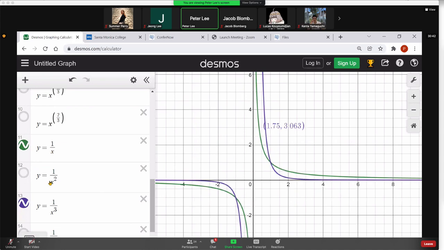How about y equals 1 over x squared? Now, 2 is an even number, so now it's going to be different. If you look at this, on the positive side, when x is positive, the black curve is right between the purple and the green, because 2 is between 1 and 3.